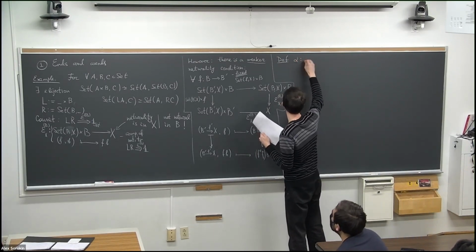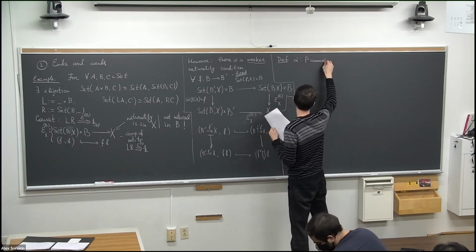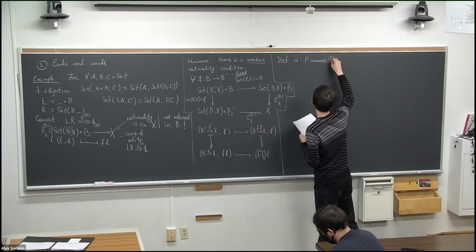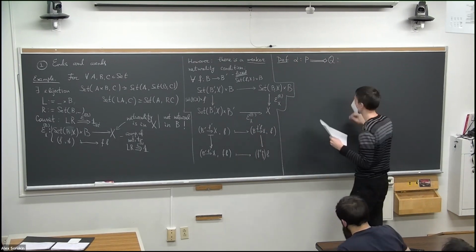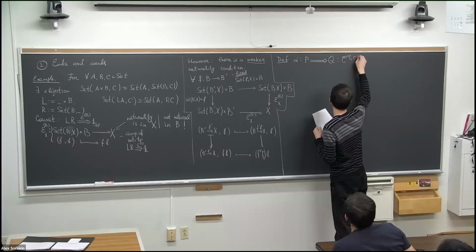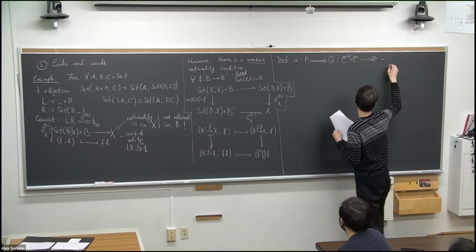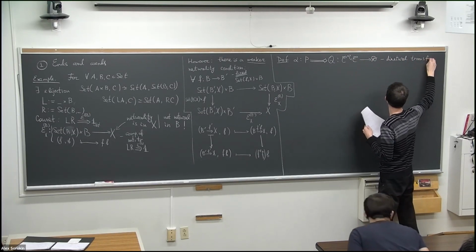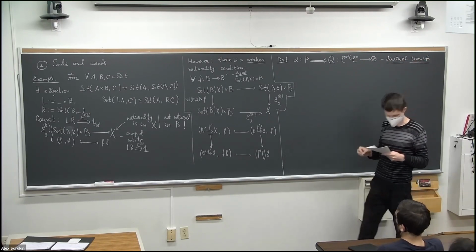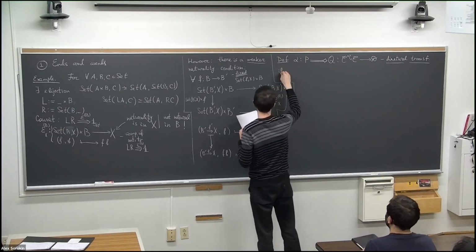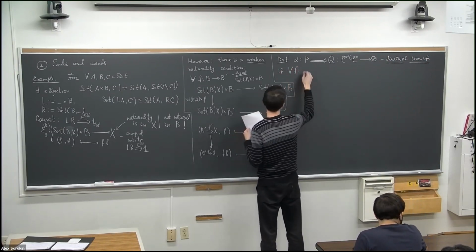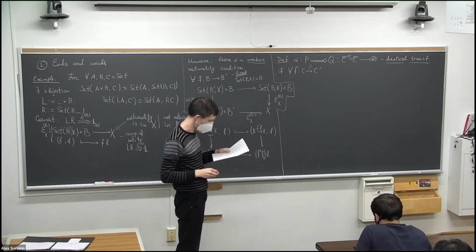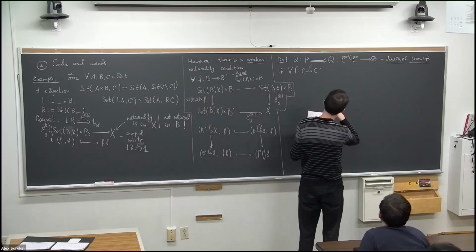Alpha from P to Q, I'm writing such an arrow, an arrow with a diamond at the end, not an ordinary arrow, where P and Q are both functors from the category C^op cross C to category D. It's called a dinatural transformation if for any f from C to C prime, the following diagram commutes.